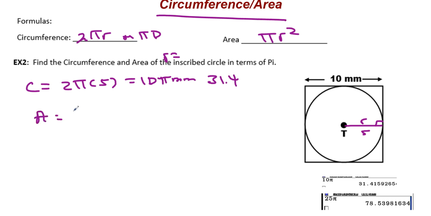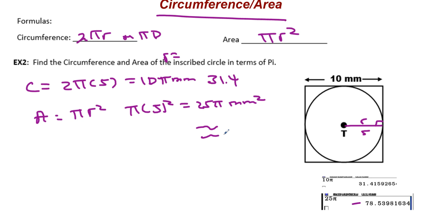Area is pi r squared. So you put pi times 5 squared into the calculator, and your r squared is 25, so it's 25 pi millimeters squared, which is about 78.5 millimeters squared. That's just a quick area.